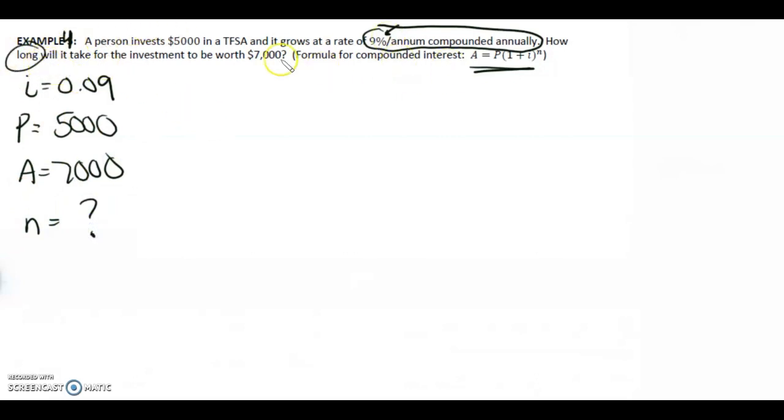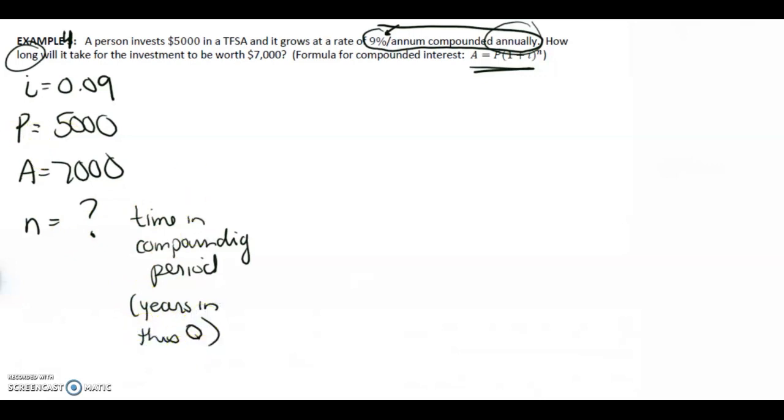As a review, I'll put them beside. N is time in compounding periods. We don't have to worry about the compounding periods in this case because it's just annually, so it only compounds once a year. So in this question, it's years.